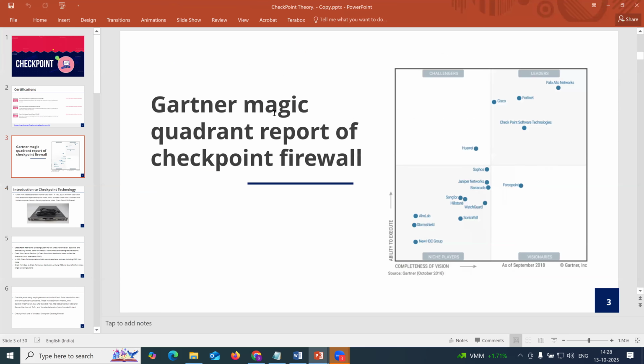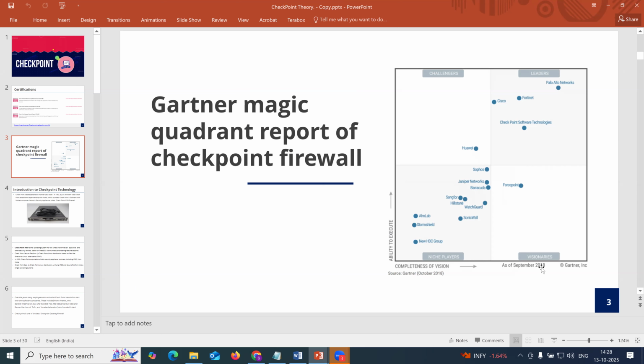You know Gartner Magic. Gartner Magic is one firm that does analysis for all the security products in the market. This is a report of 2018.